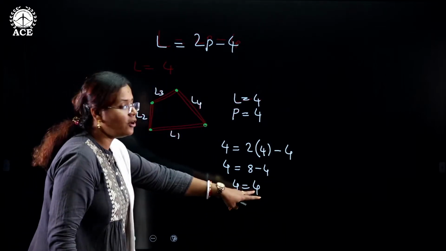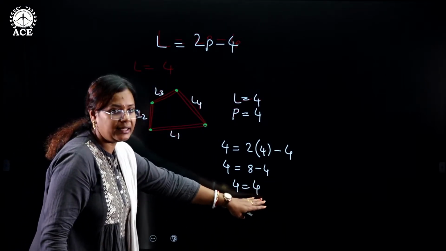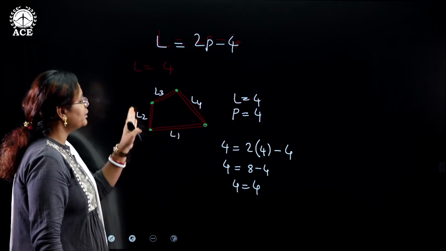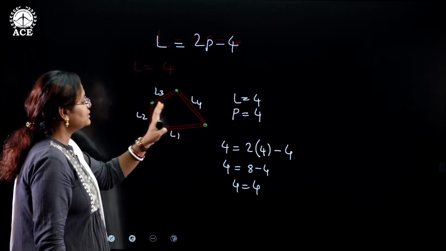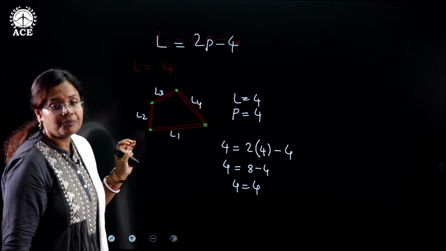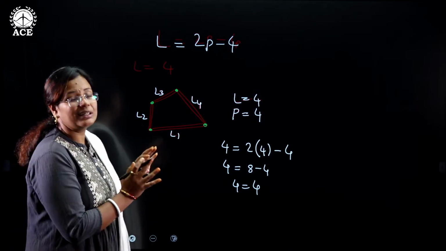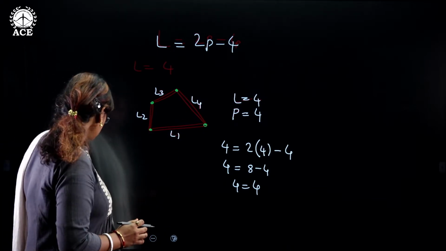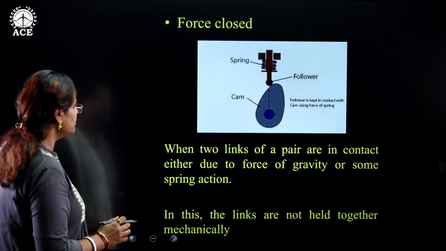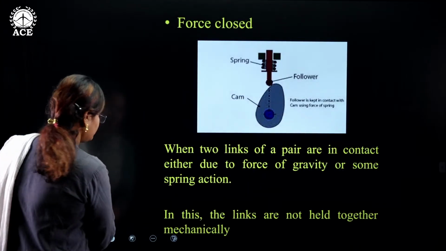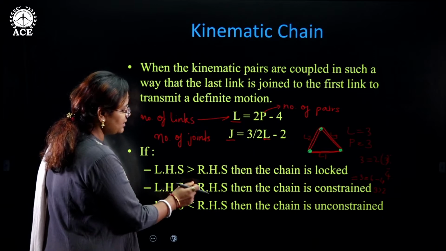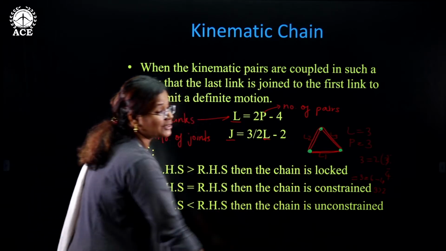So when RHS is equal to LHS, that means this 4-link chain will give you constrained motion. Same thing we have seen here also. When LHS is equal to RHS, the chain is constrained.